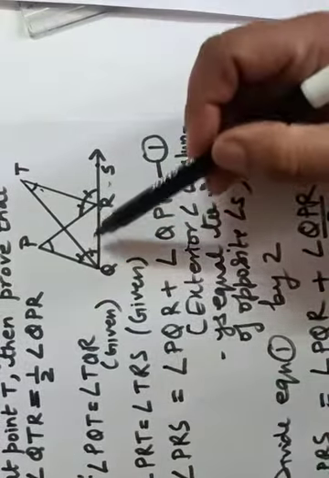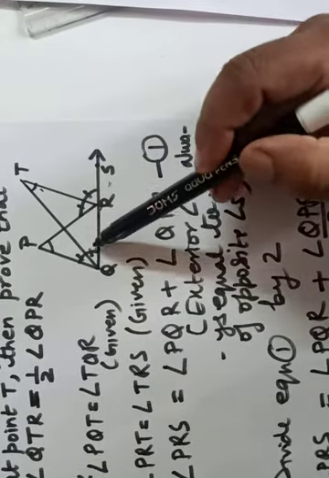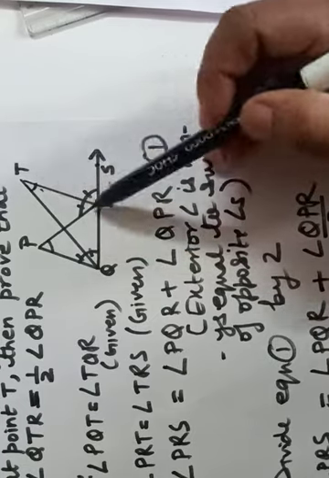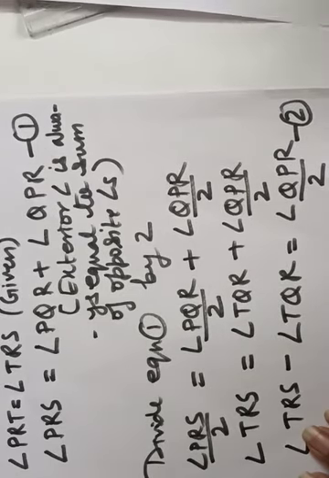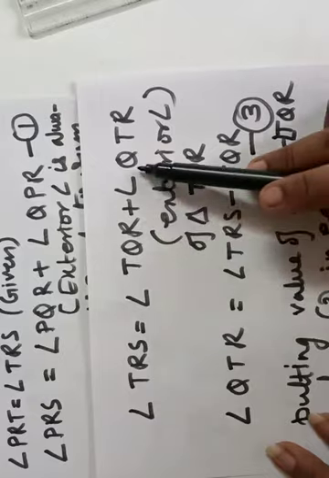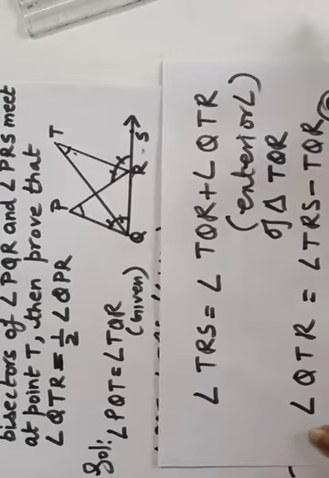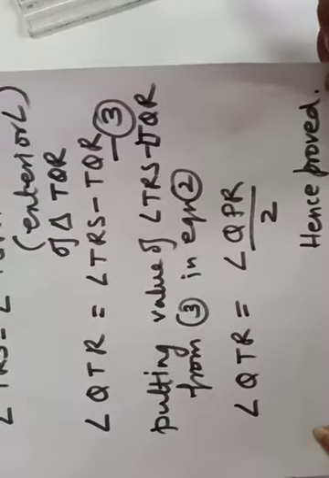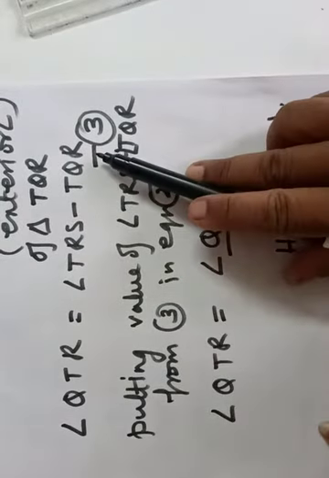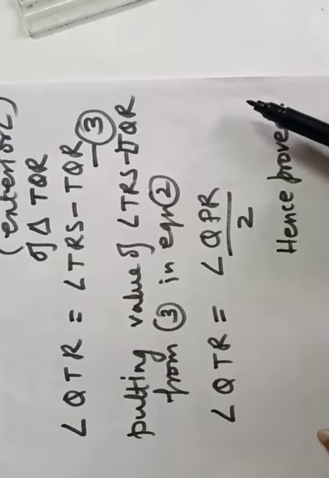So we have taken all the angles when we are doing half of PRS and PQR, the angles that belong to triangle QTR. So we have taken this angle TRS and TQR, and we know that TRS is equal to TQR plus QTR according to the figure, since this is the exterior angle of the triangle QTR. So we have used this exterior angle property, and we have put the value in equation 2, and we have got this equation and hence proved.